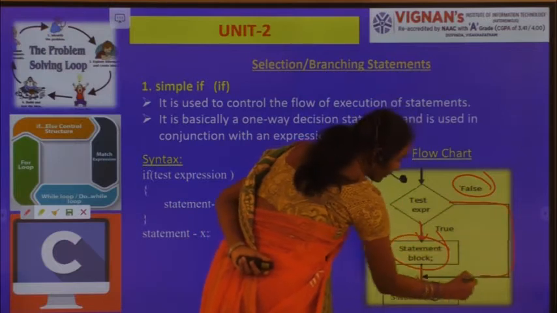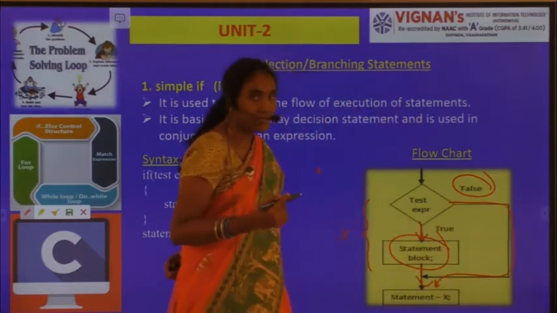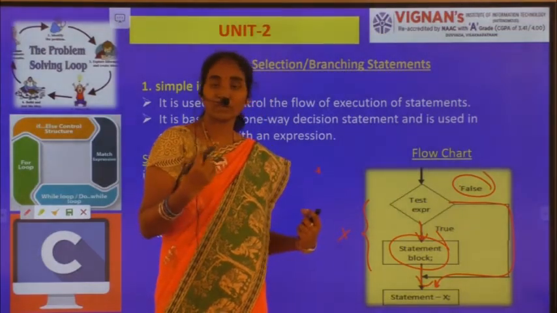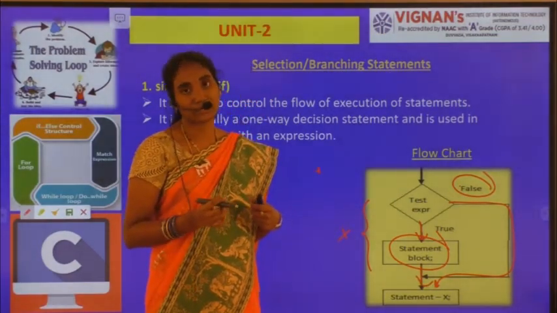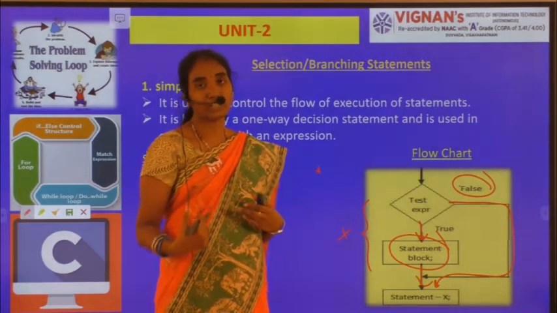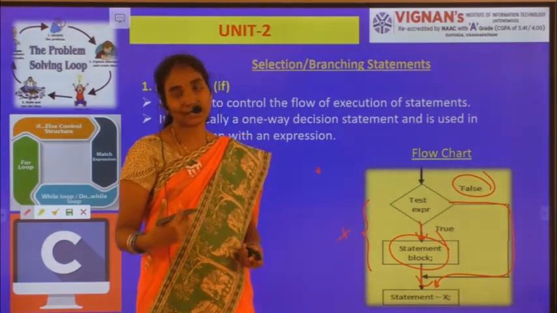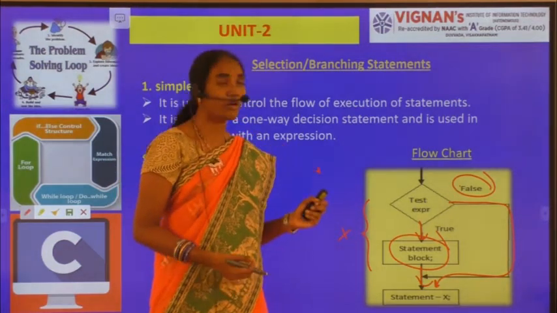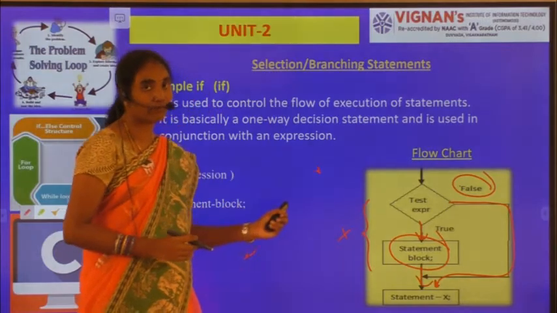Simply the control comes to statement X, right? If the condition evaluates to false, then it will not execute any of the statements within the if block. Simply the control comes out of the if block, then whatever statements are there after the if block, those will be executed. This is about your simple if statement syntax and flowchart.